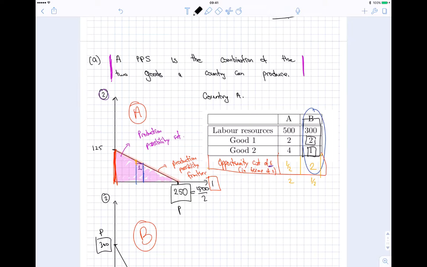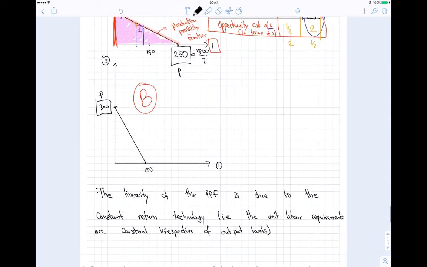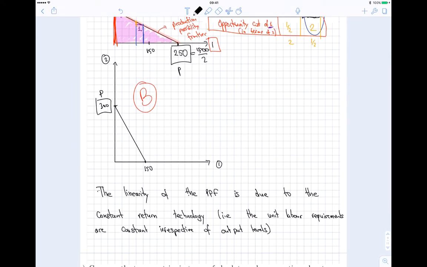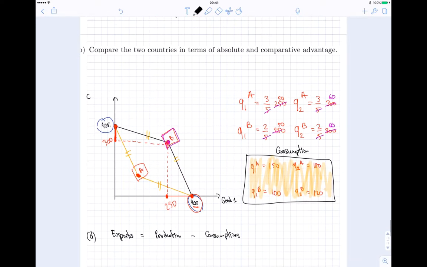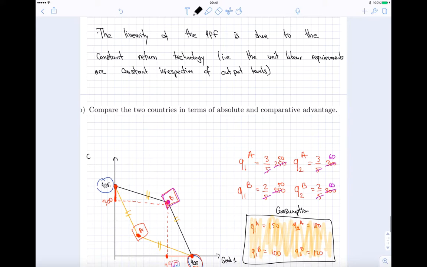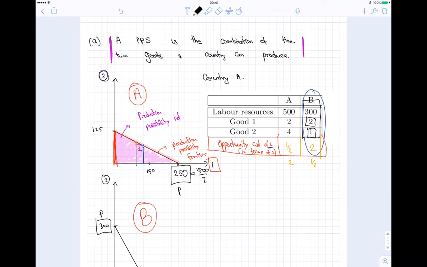Somewhere like here. Country 1 is doing 150 of good 1. Country A, 150 and 180, right? So they're at some point up here, okay?